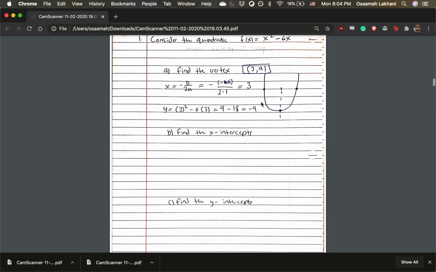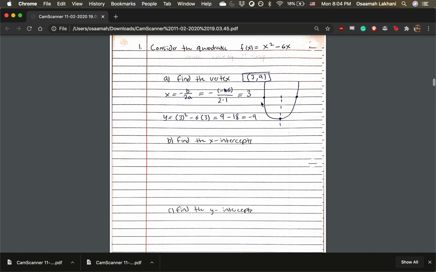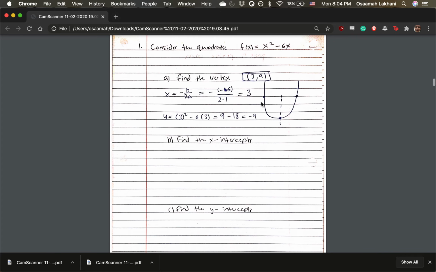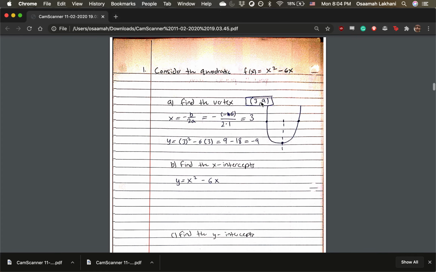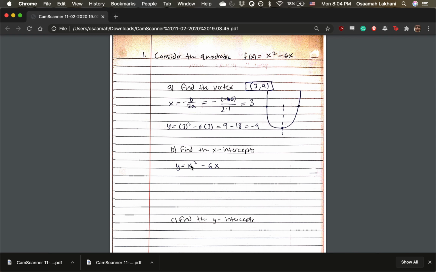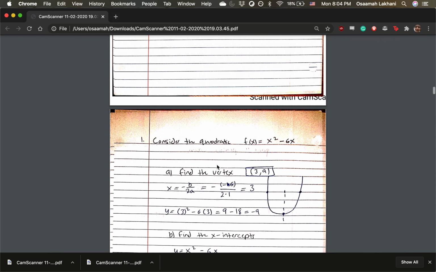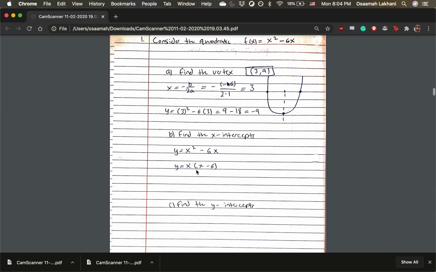But then moving on to the next problem, it says find the x-intercepts. To find the x-intercepts, you just have to set y equal to 0. So what I did here was I rewrote the equation again, y equals x squared minus 6x, and then I'm factoring it. So I took out an x, and then I'm multiplying that by x minus 6.